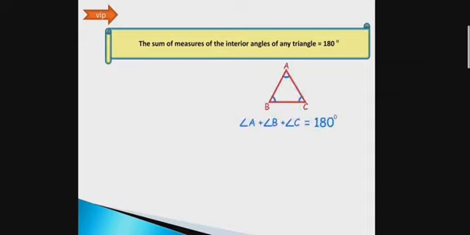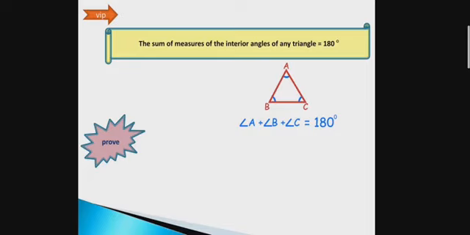Now, there is a very important rule. The sum of the measures of the interior angles of any triangle equals 180 degrees. Look at this triangle. The measure of angle A plus the measure of angle B plus the measure of angle C equals 180 degrees.